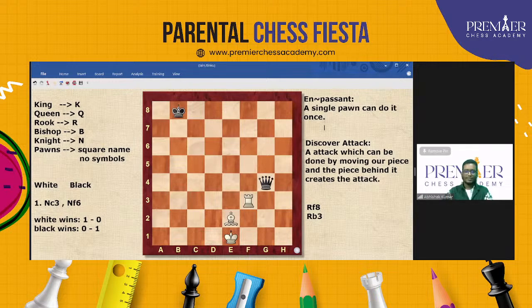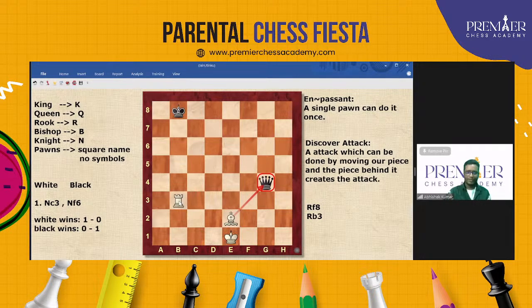So there are two answers to this puzzle, basically. If we are playing rook to b3, it will be a check to the king. We are distracting the king, and while we are doing so, the queen is getting under attack, right?